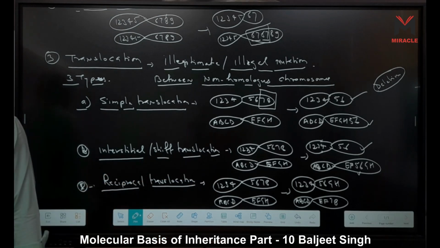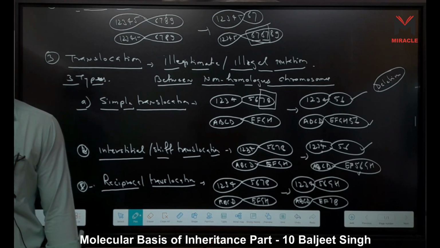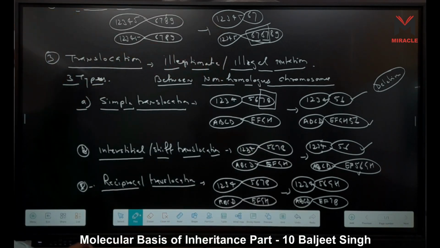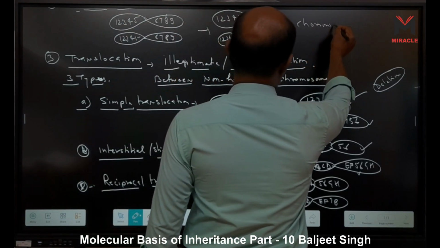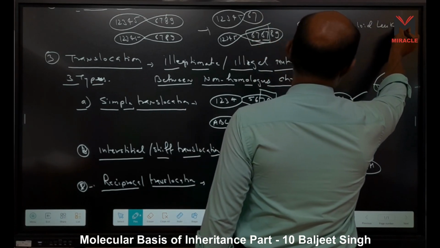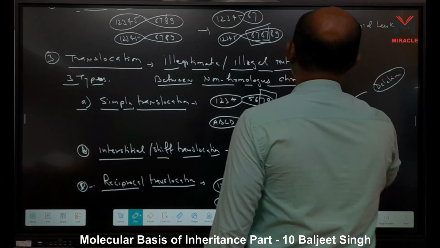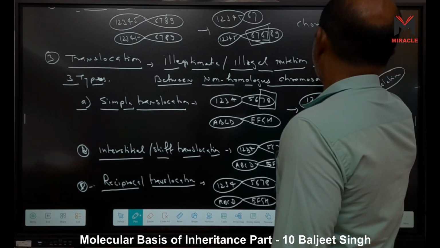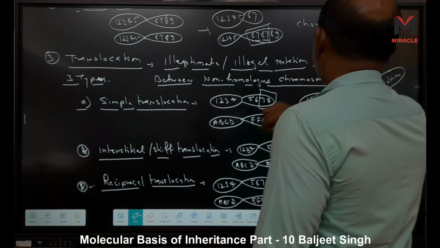As an example of reciprocal translocation, there is CML, chronic myeloid leukemia.